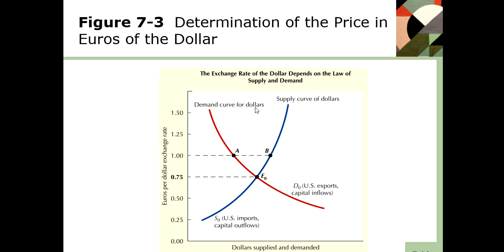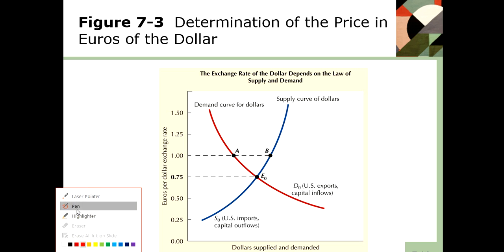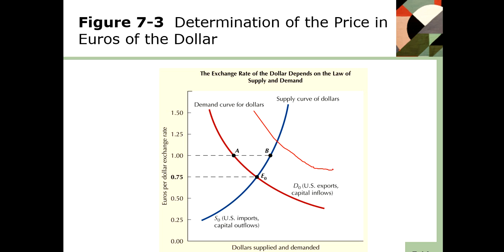The curves can shift to this side or that side. If supply increases, the value decreases over here.